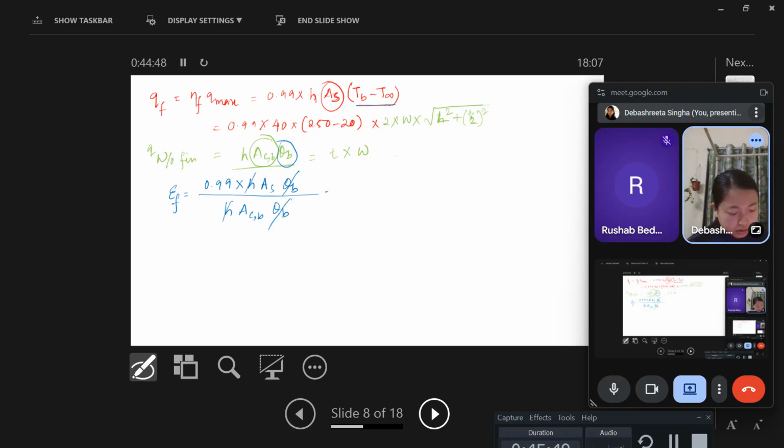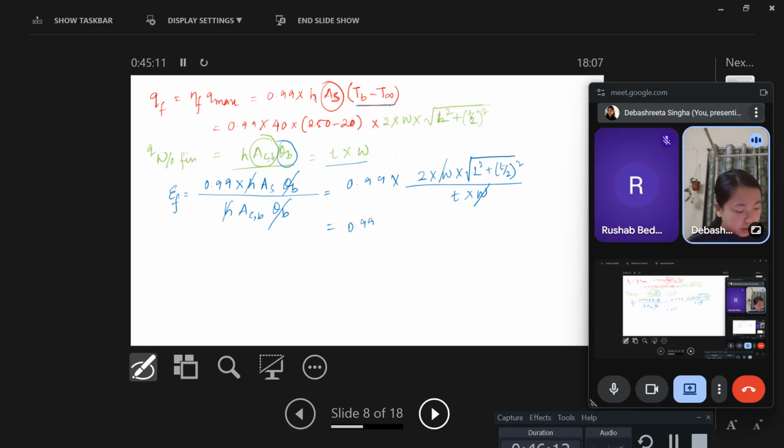H you can cancel. 0.99 into AS. So AS is 2 into W into root over L square plus T by 2 whole square, divided by T into W. So W also you can cancel.